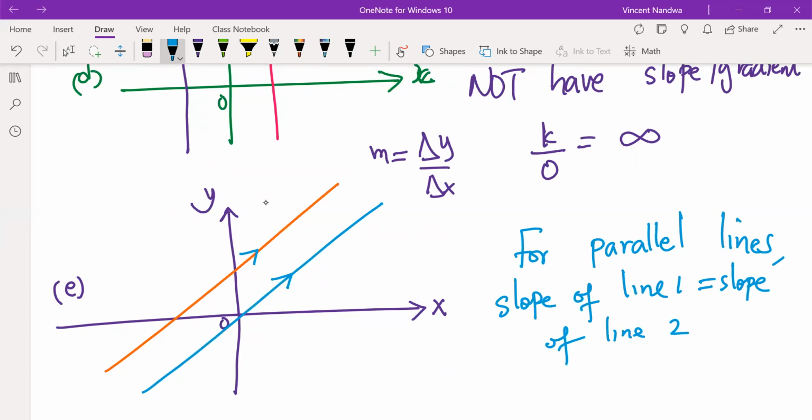If the slope of this one is m1 and this one is m2, then m1 = m2.